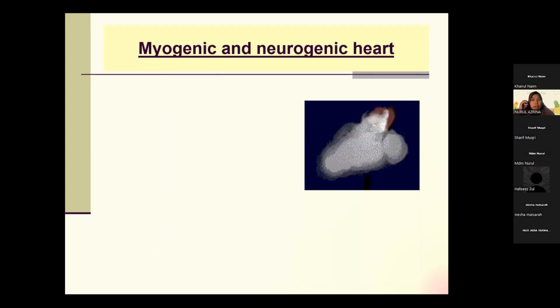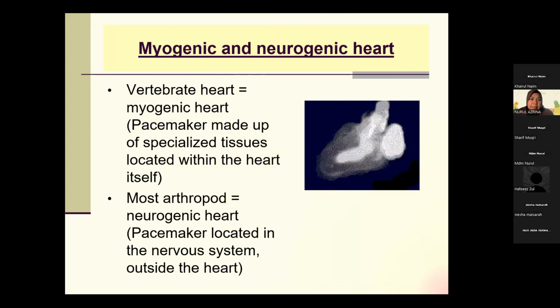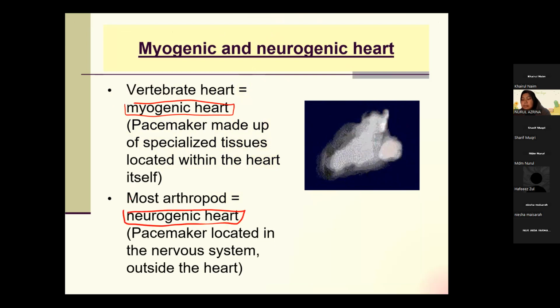Okay, before we go to the detail, right? So this is the difference between the two types of heart. Okay, myogenic heart and neurogenic heart. Okay, the vertebrate heart is known as a myogenic heart. Myo means muscle.